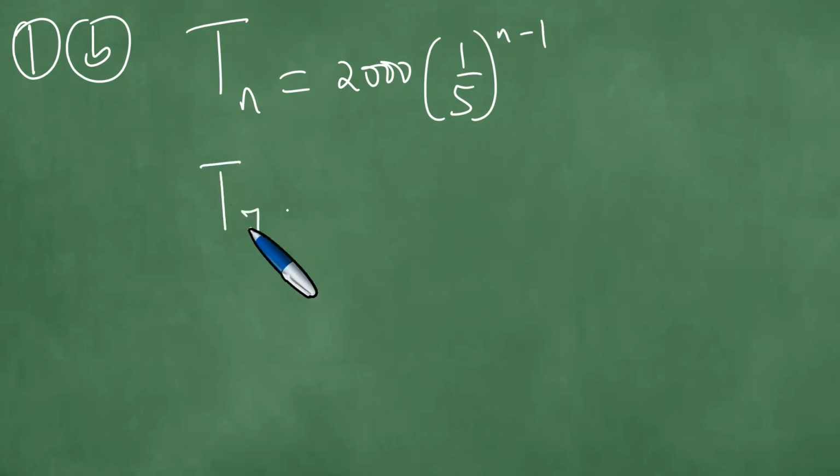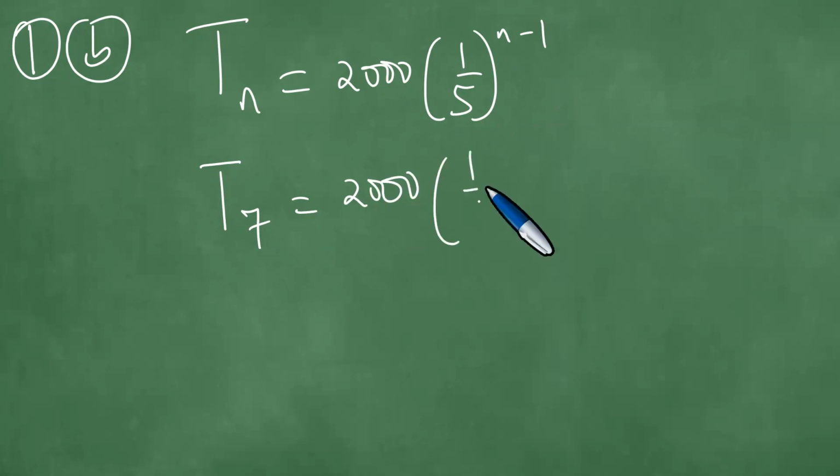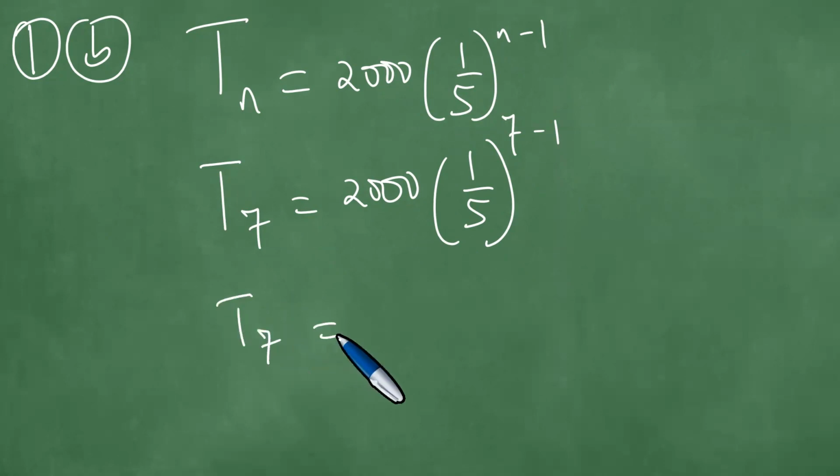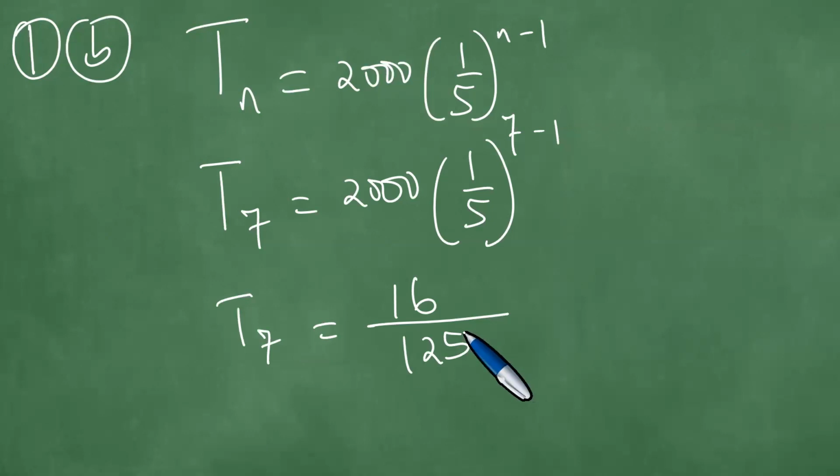So that T7 is equal to 2000 times (1/5) to the power 7 minus 1. Right, and now you're going to use a calculator to simplify this. The simplified answer using a calculator is exactly 16 out of 125. And that gives us the 7th term of this series, okay?